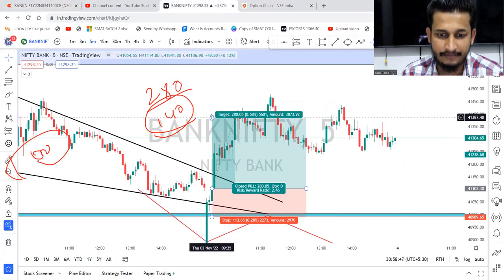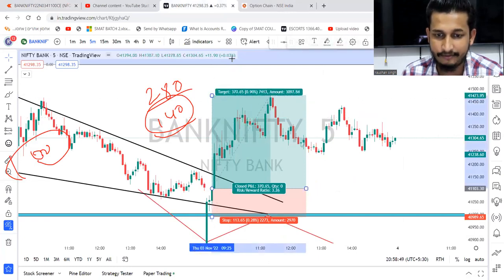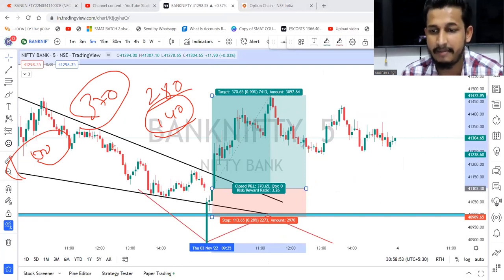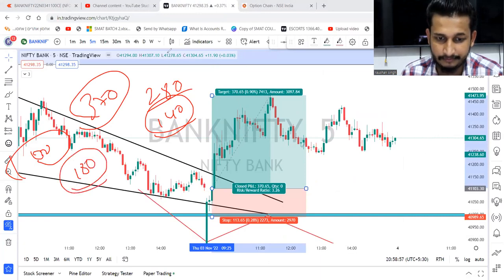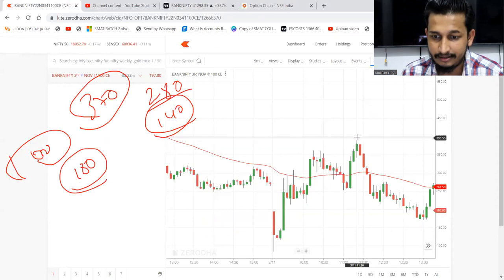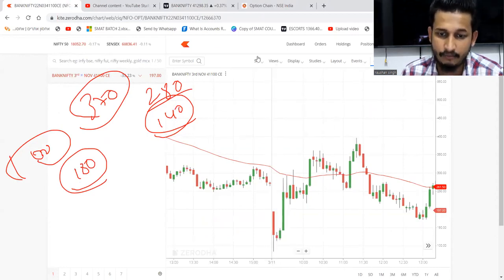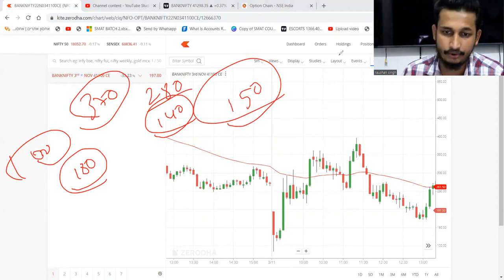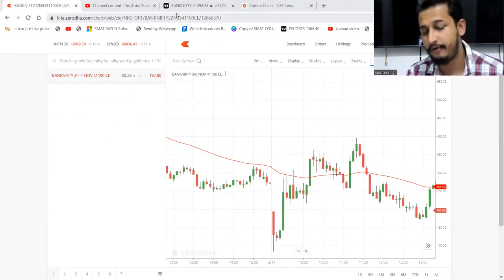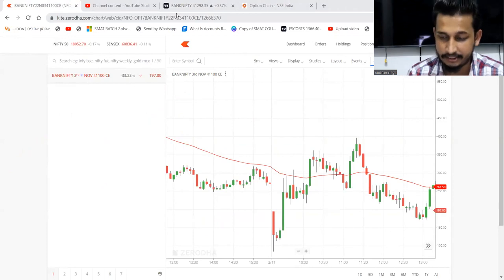ठीक है. Then if I say that completely till here I have got a movement of 370 rupees. ठीक है. अब 370 में लगभग I will be getting, it is 180 rupees का move. ठीक है. So from 240 it has made a high of 390. मींस यहां पे मुझे 150 का एक move मिला है. ठीक है. So it's almost 50% movement.